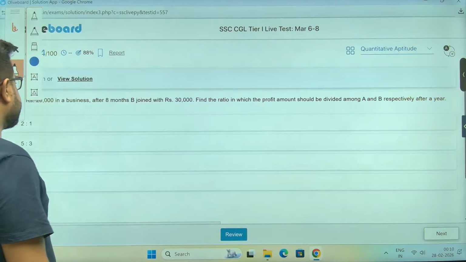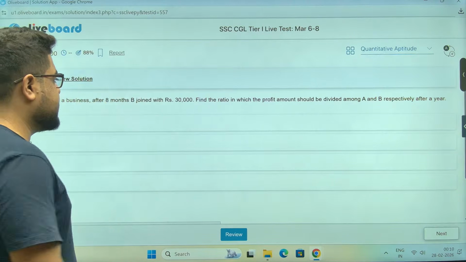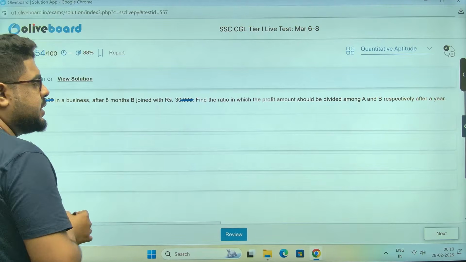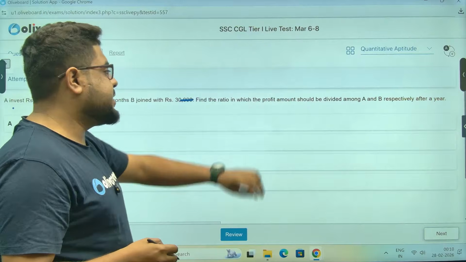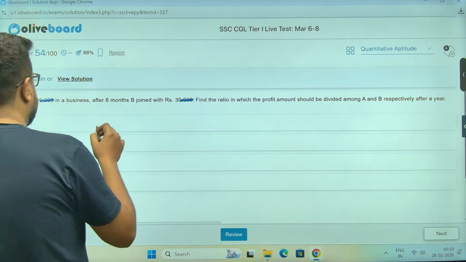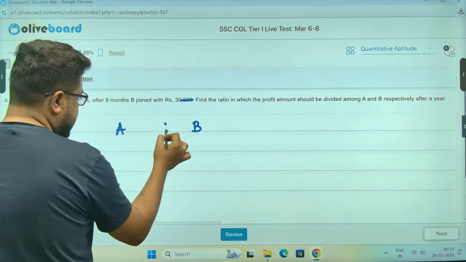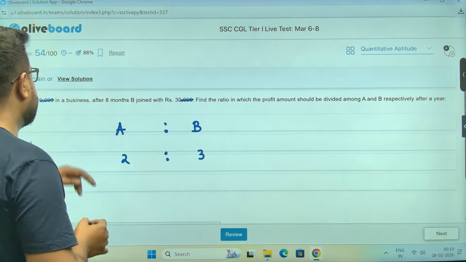Moving on. Invest this much in a business. B joined with this much. 3 rupees, 2 rupees, 4 zeros gone. We need the profit sharing ratio. A and B investment ratio is 2:3. What about time?